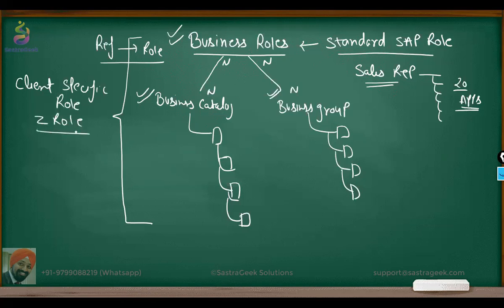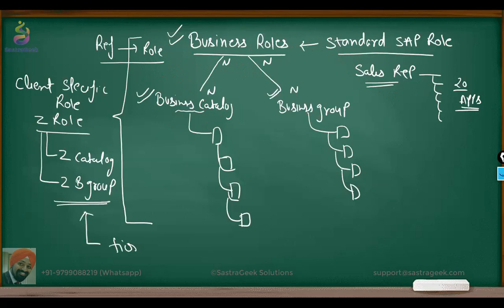Under this Z role, we would be creating business catalogs, or we can also refer to the standard business catalog, or we can create our own Z catalogs as per our company requirement, that what applications need to be combined together in one catalog and what business groups are required to be combined together. That work is done through Fiori Designer.